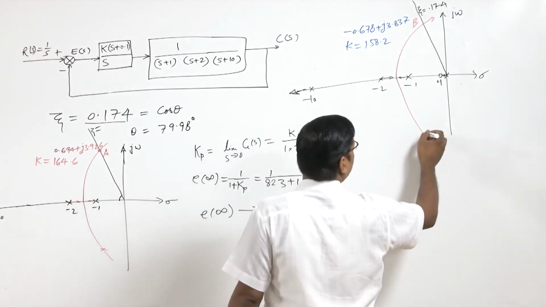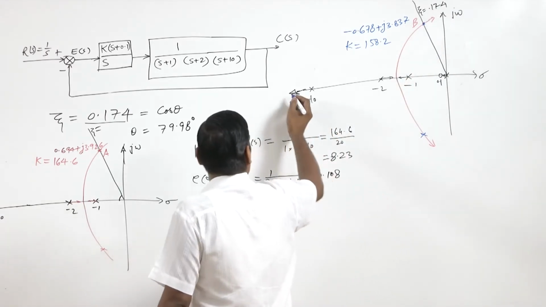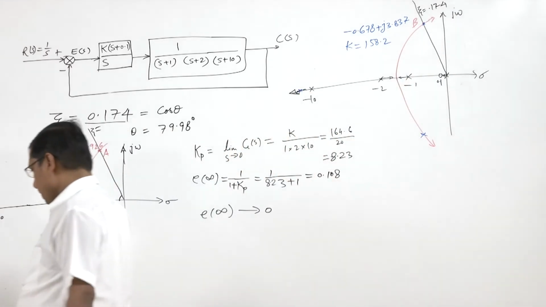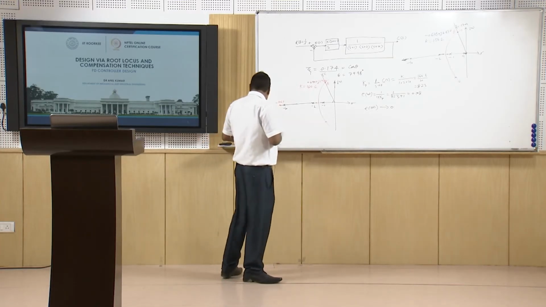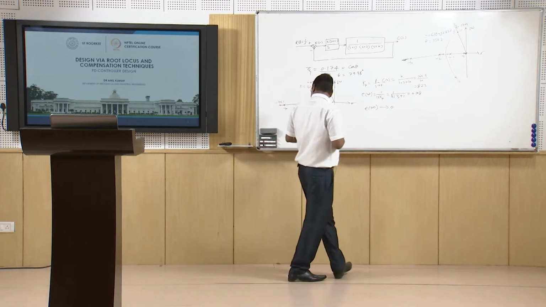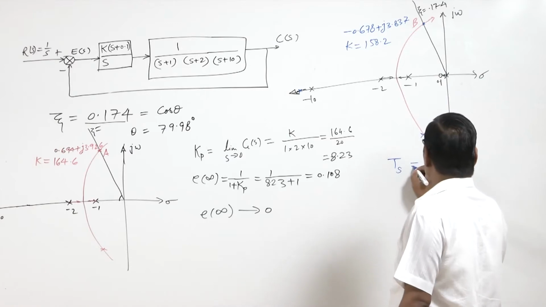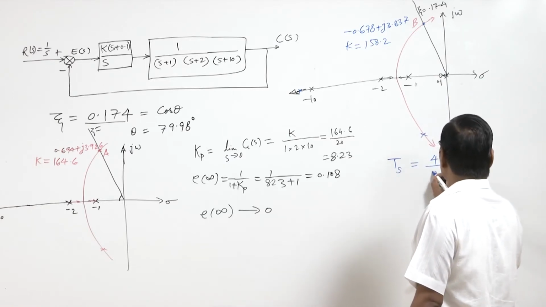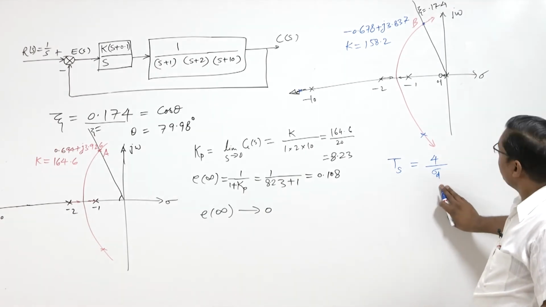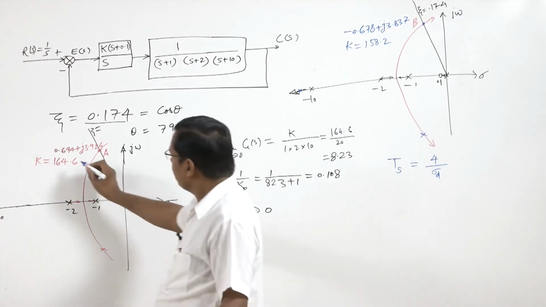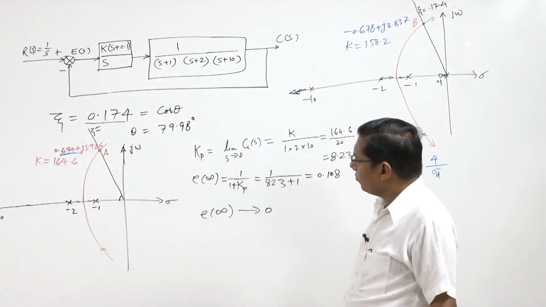Similarly here the second point is here, and third point here, and so on. So we are getting that here Ts equals 4 upon sigma d, and we see that here we have sigma d of the earlier uncompensated system.